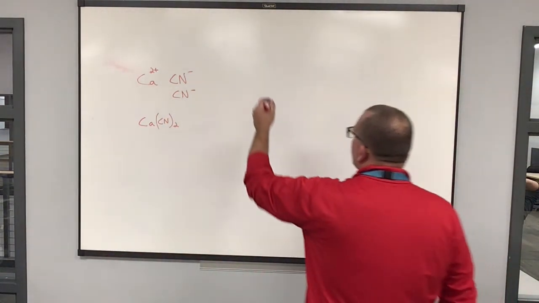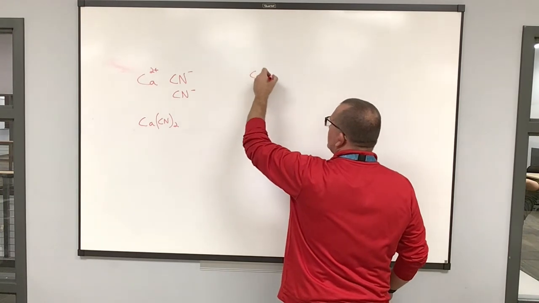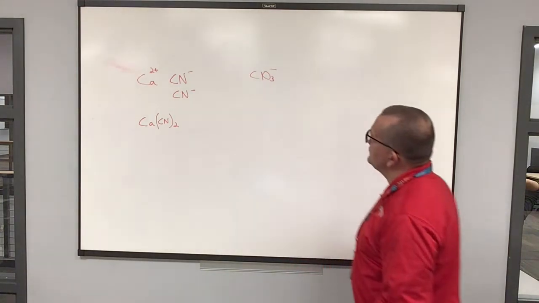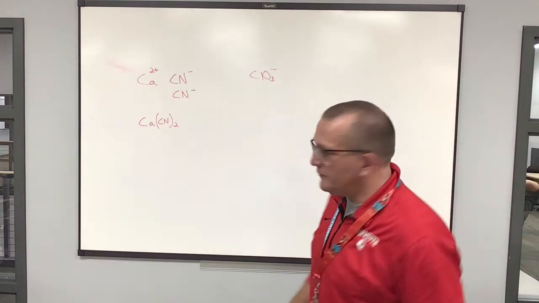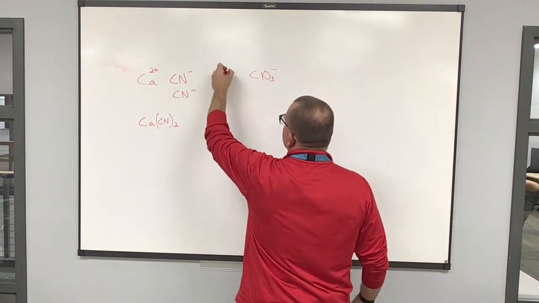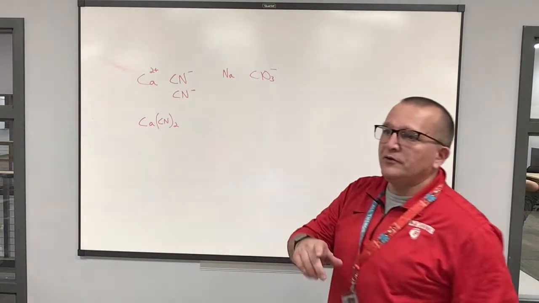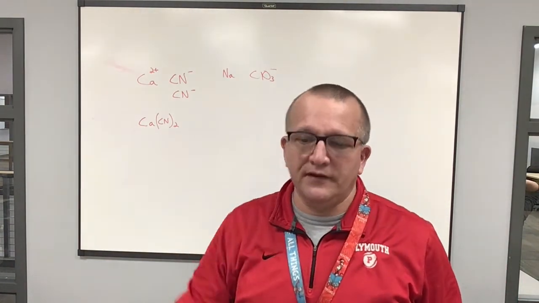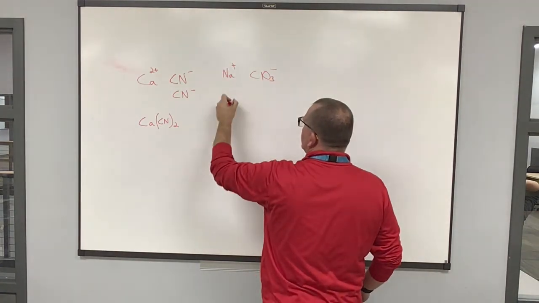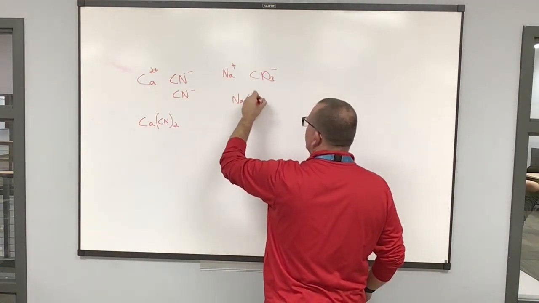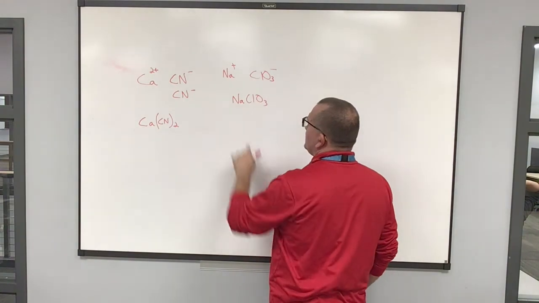Sodium chlorate, all right? Chlorate is ClO3, -1 charge. That's an L, ClO3. And then sodium is Na. When I look at the periodic table, sodium is in group 1. It's an alkali metal, which means it's a +1 charge. Positive, 1-to-1 ratio, NaClO3.